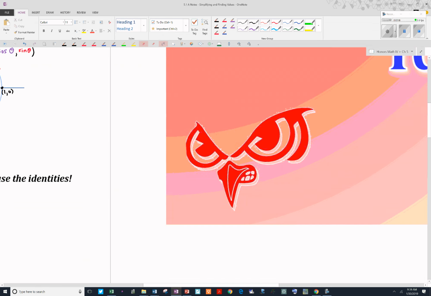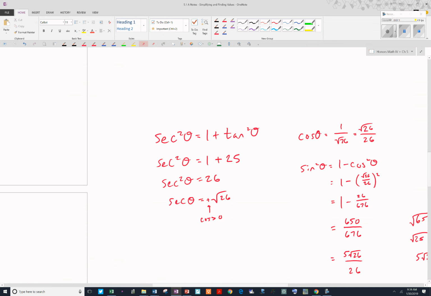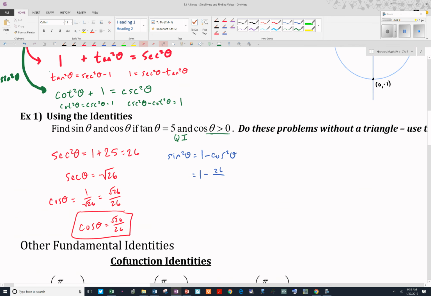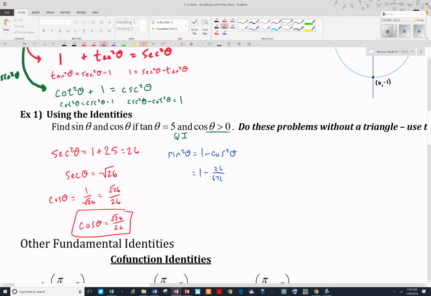Oh, I have it written over here somewhere. 676, I believe. Yep. All right, sorry. 676. So really, we're going to treat that 1 like it's 676 over 676. So we're going to get 650 over 676, and that's what sine squared is equal to, so we're going to need to take the square root of both sides then.